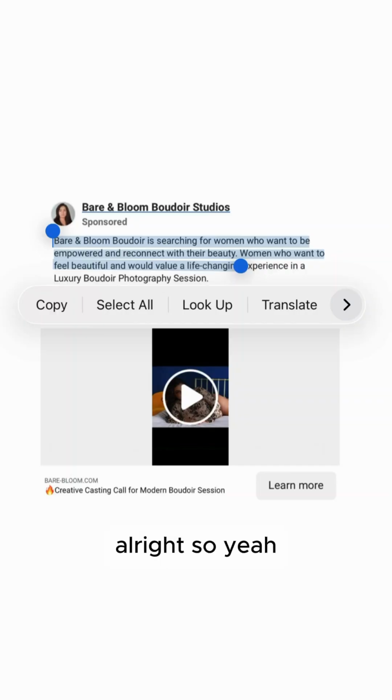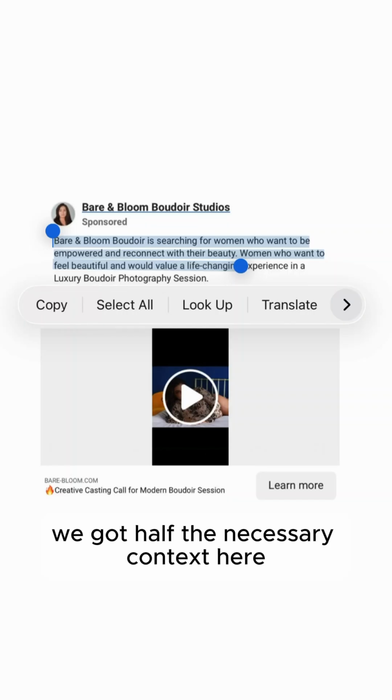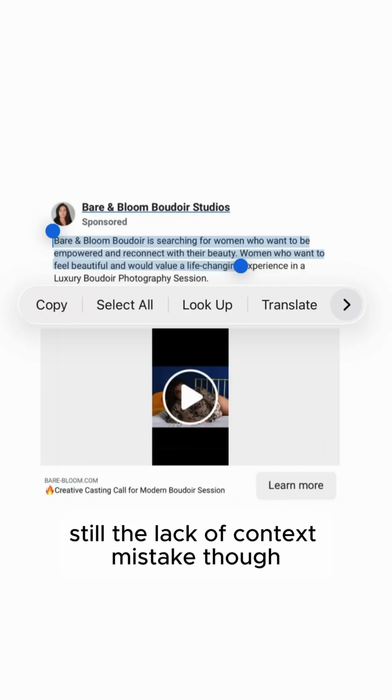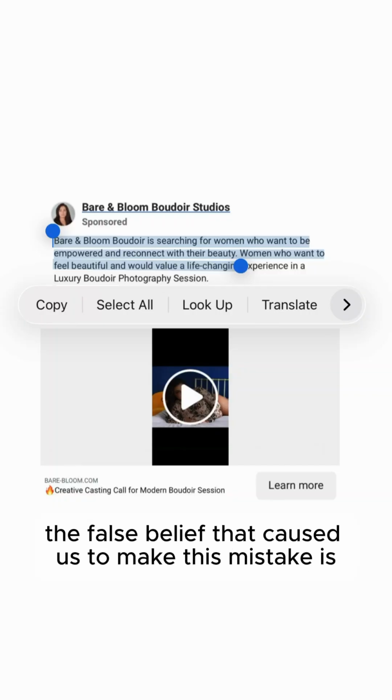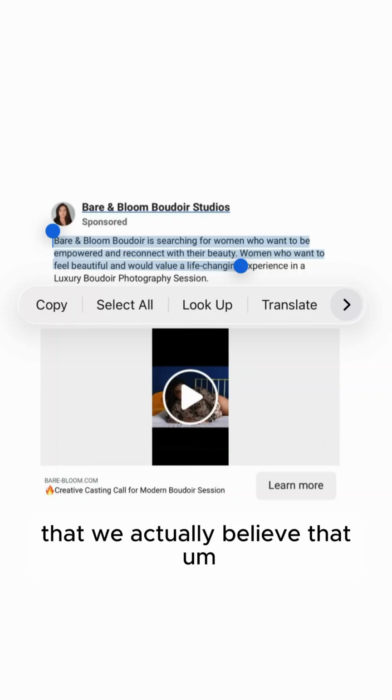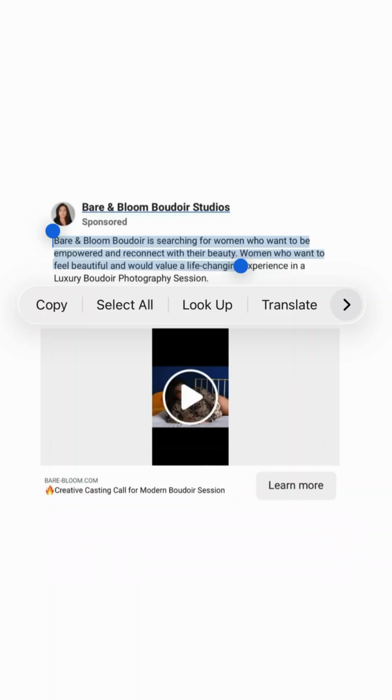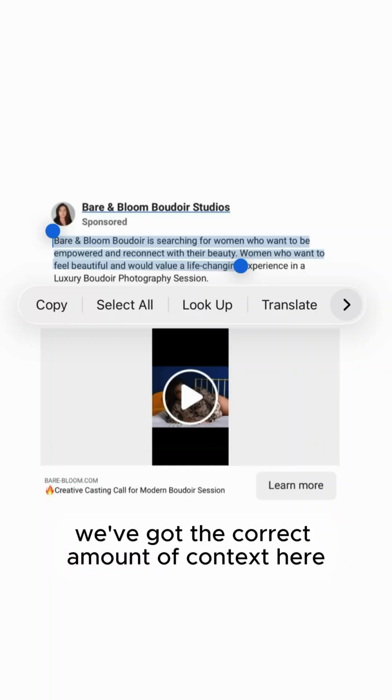All right. So yeah, we got half the necessary context here. Still, the lack of context mistake, though. The false belief that caused us to make this mistake is that we actually believe we've got the correct amount of context here.